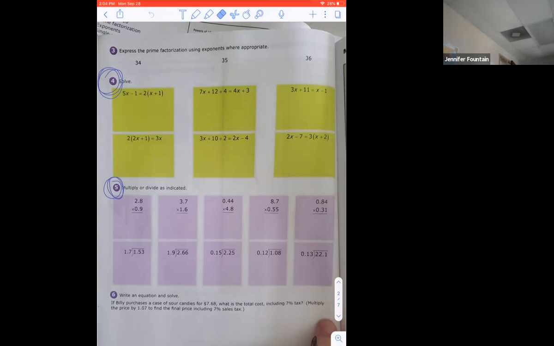Hold on, I took a picture of the whole screen. Right. 55. So 55, 57, 58, 59, 56, 57.